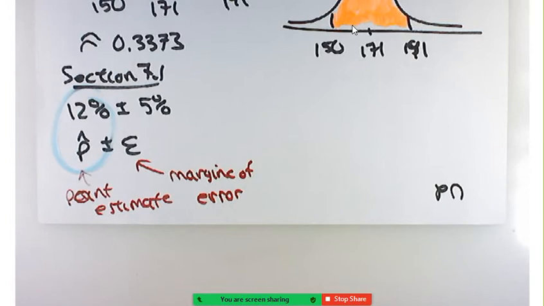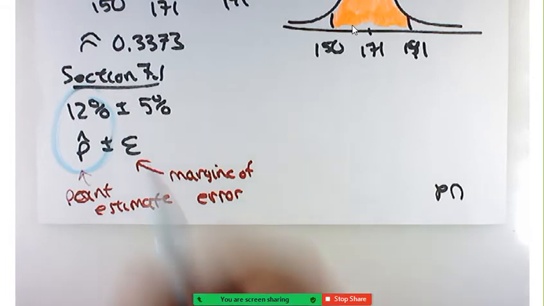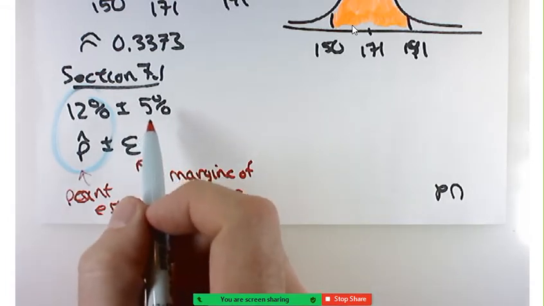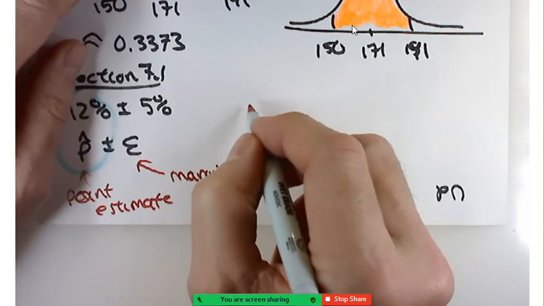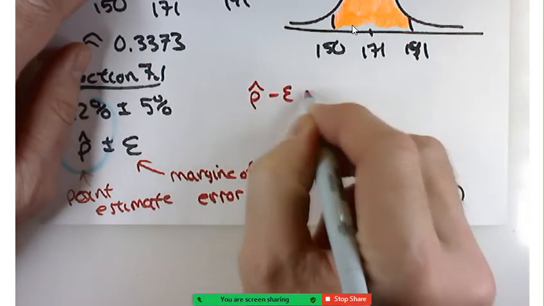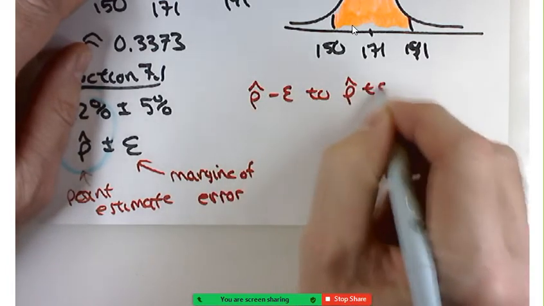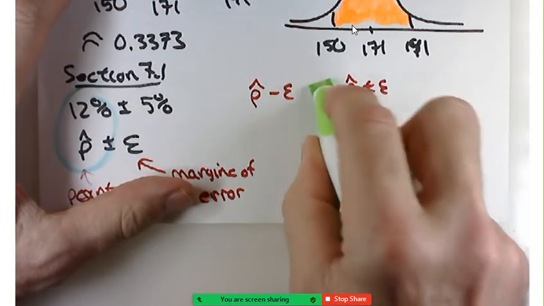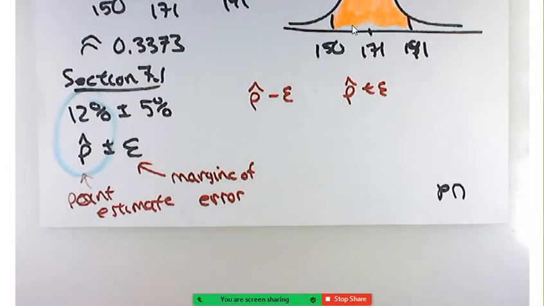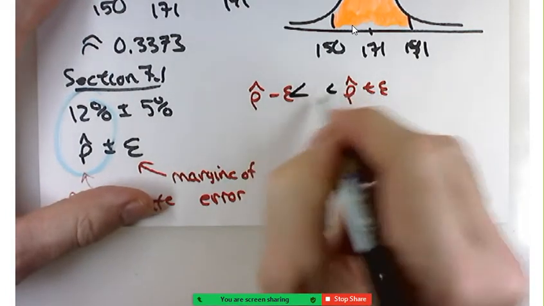So you know going in that p hat is probably not going to be exactly the right number. That the true proportion of people who think that chocolate pie is the best is not exactly 12, but it's probably within 5% of 12. So how would that look? Well, typically we write these things as p hat minus E to p hat plus E. Let me write it a little differently. So let's say this.